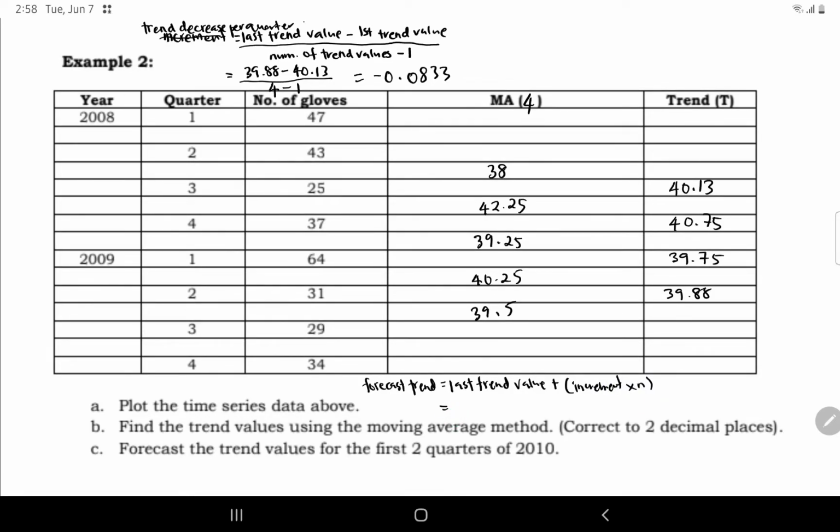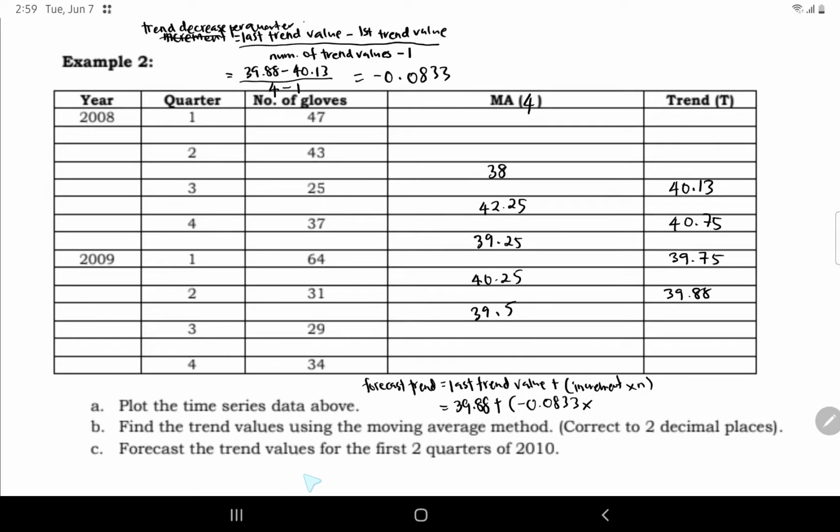Okay, so based on the data we get, our last trend value is right here, which is 39.88 plus with the increment is here. Okay, negative 0.0833 times n.